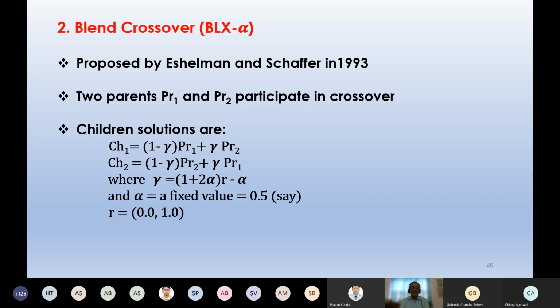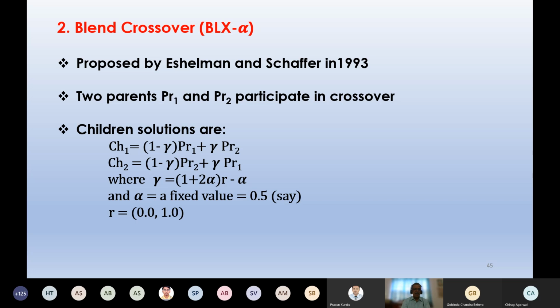Now, Eshelman and Schaffer in the year 1993 proposed the concept of blend crossover. Once again, supposing that there are two parents, PR1 and PR2, participating in crossover, and our aim is to determine the two children solutions, child 1, CH1, and child 2, CH2.